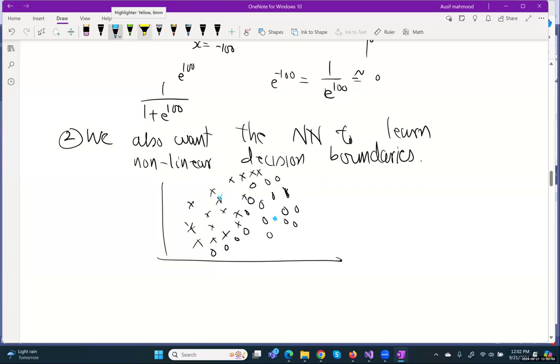Which means our neural network needs to learn the separation boundary between the region of the X's and the region of the O's. In this example, the decision boundary is not a straight line. It is sort of like this. Because it's not a straight line, this is what we call the nonlinear decision boundary.